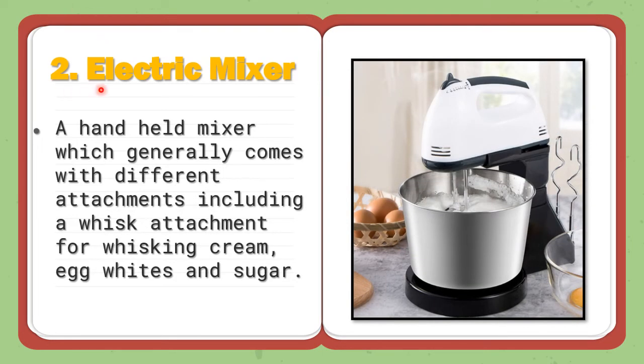Number 2, we have electric mixer, a handheld mixer which generally comes with different attachments, including a whisk attachment for whisking cream, egg whites, and sugar. As you can see, class, this is an example of electric mixer. This is commonly used in preparing egg dishes.